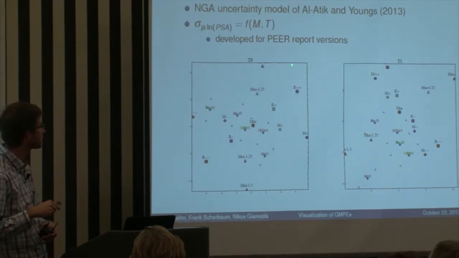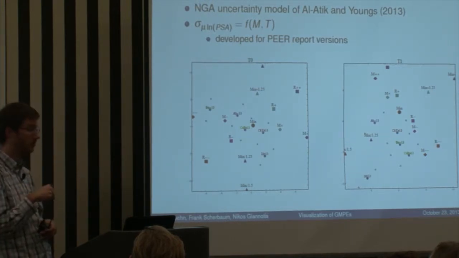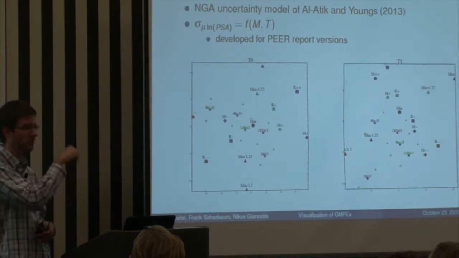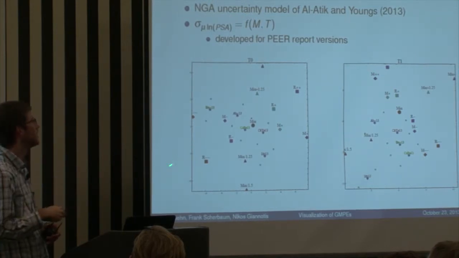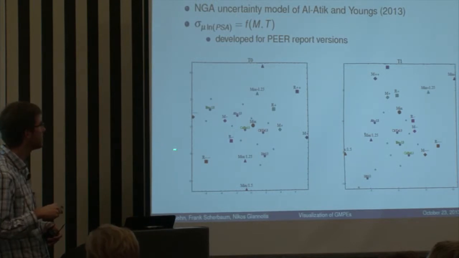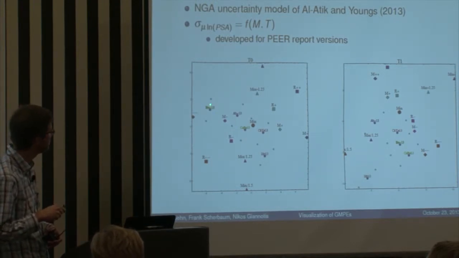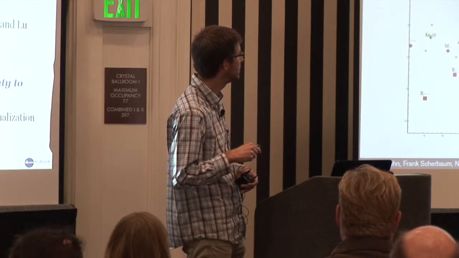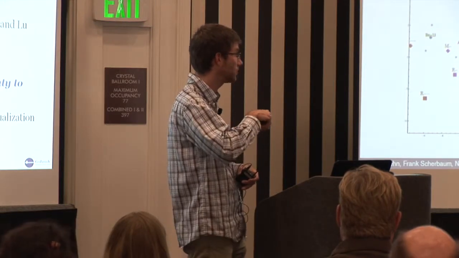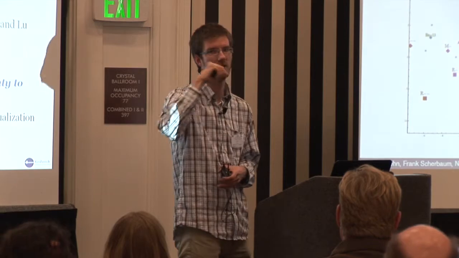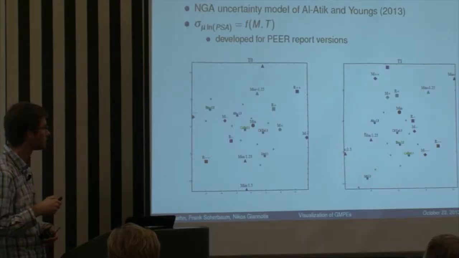Right. And okay, so this is developed for the PEER report versions, so not for the Earthquake Spectra versions, but I just put them in there anyway. So what we see, these gray points are each now the NGA West2 models, plus and minus 1 sigma.